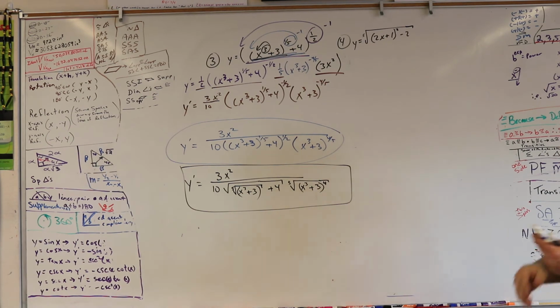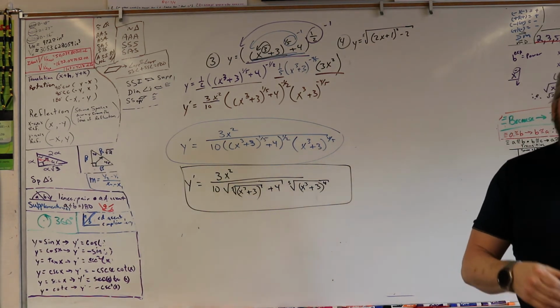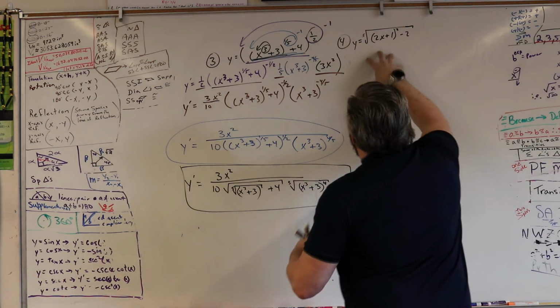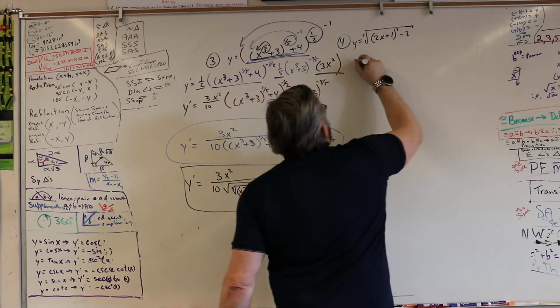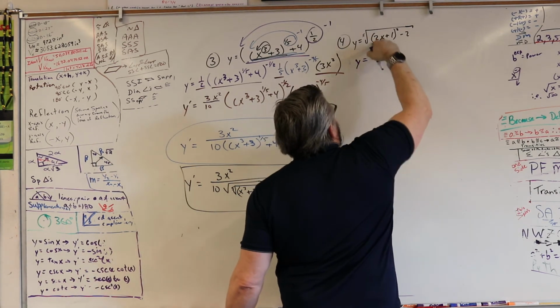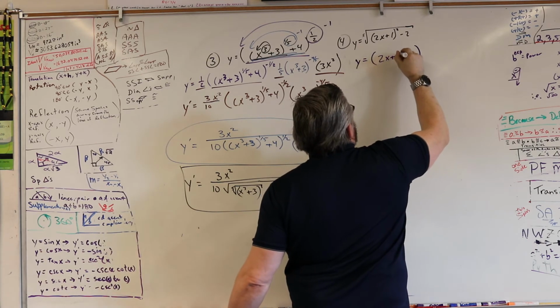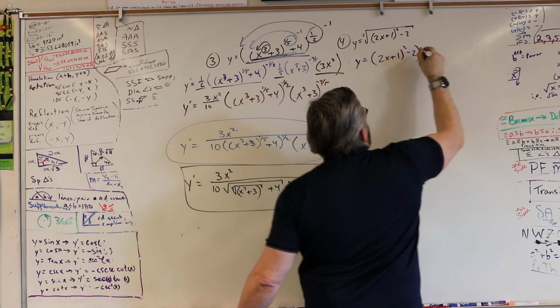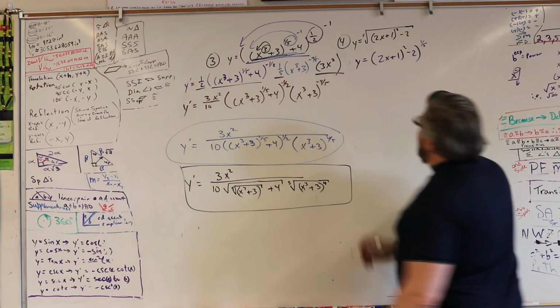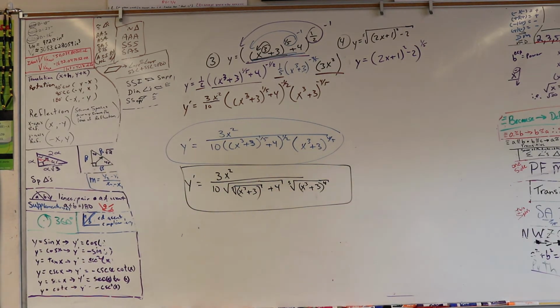All right, so let's take a look at this. What we have to do first on this one is we got to change it. We need to write this in exponential form. So we have 2x plus 1 squared minus 2 to the 1/5, right? So now it's in exponential form.